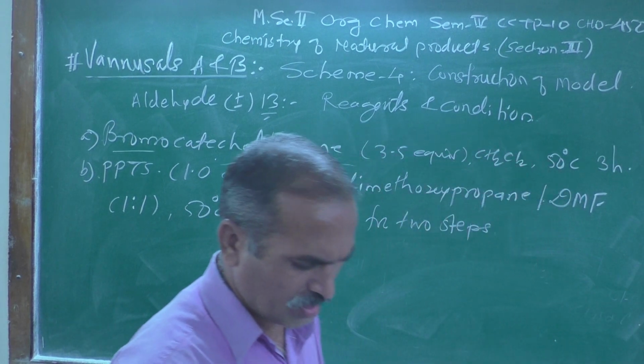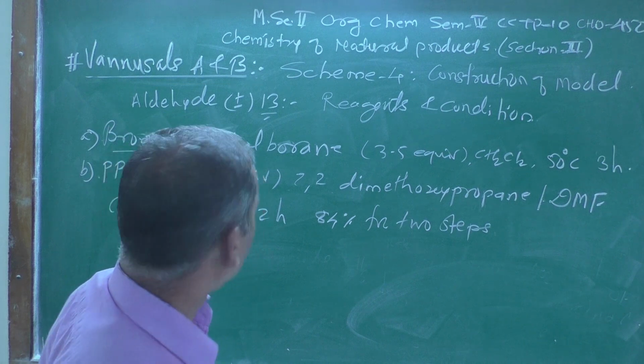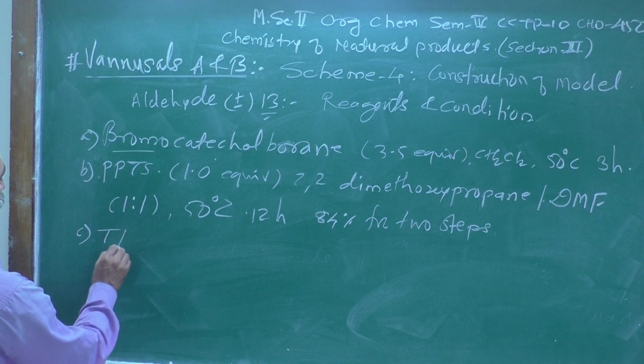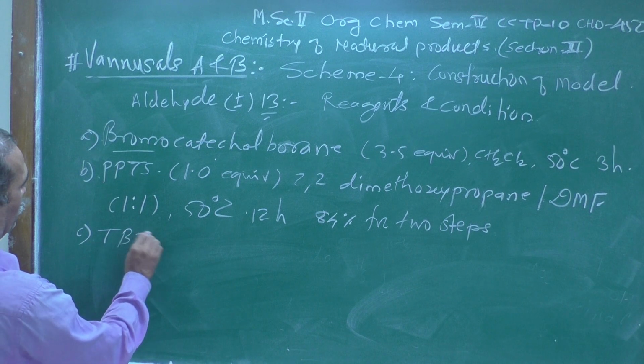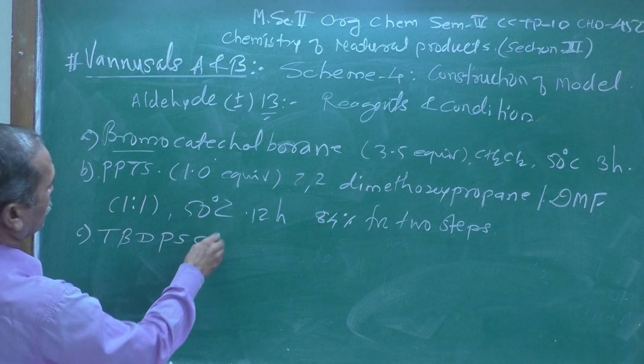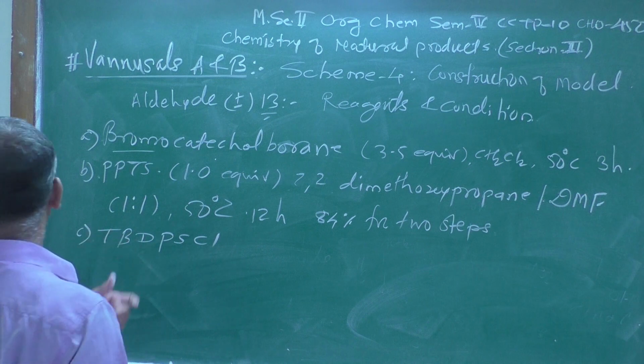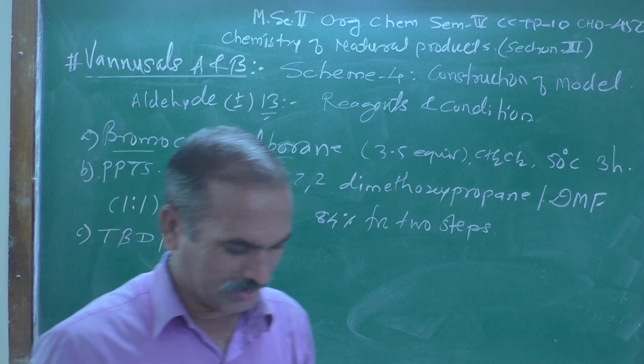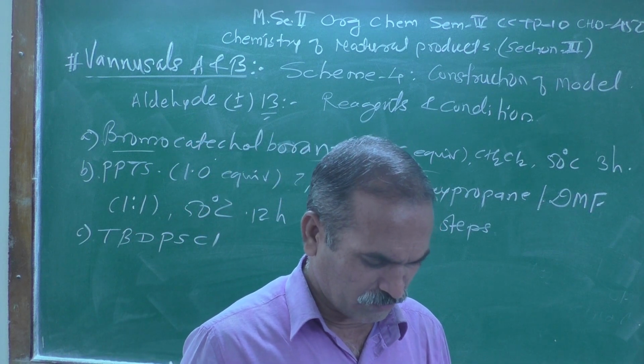Now the third reagent, C, is TBDPSCl, that is tert-butyldiphenylsilyl chloride, the full form of that.